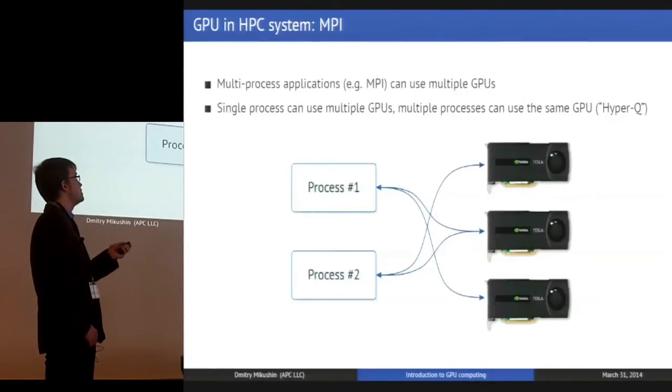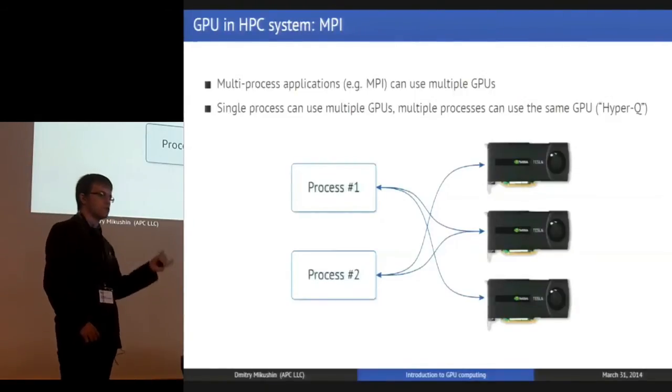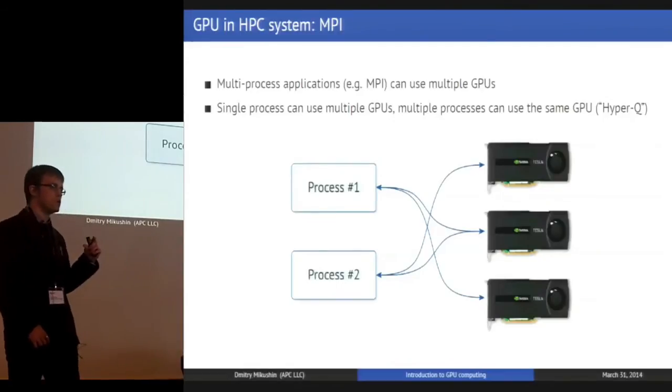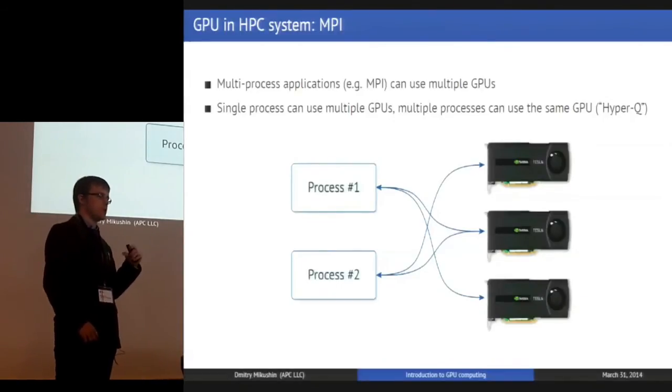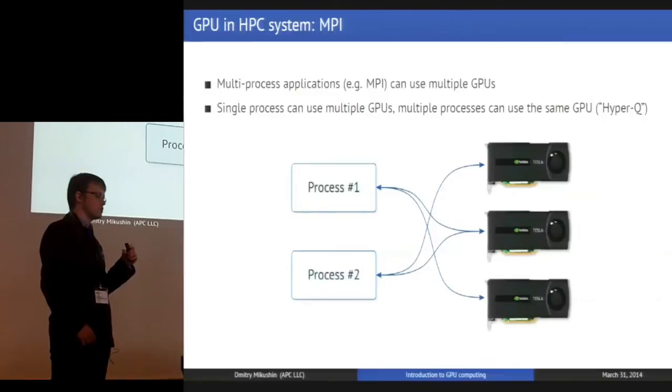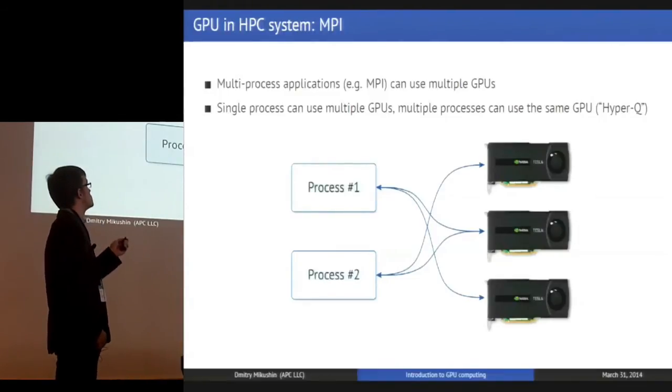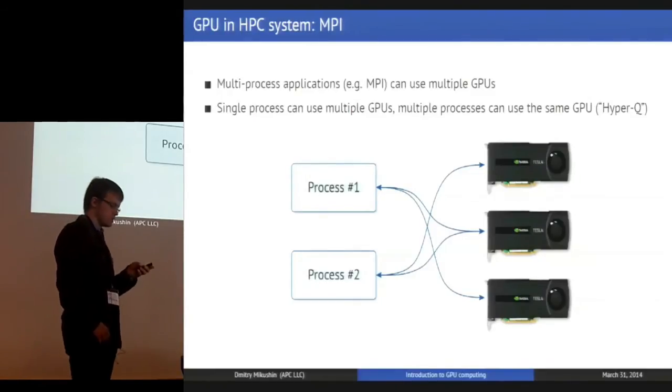Moreover, you don't need a direct mapping of one process to one GPU. With the help of the MPI context underneath, it's possible to use multiple GPUs in a single process, or use one GPU in multiple processes.